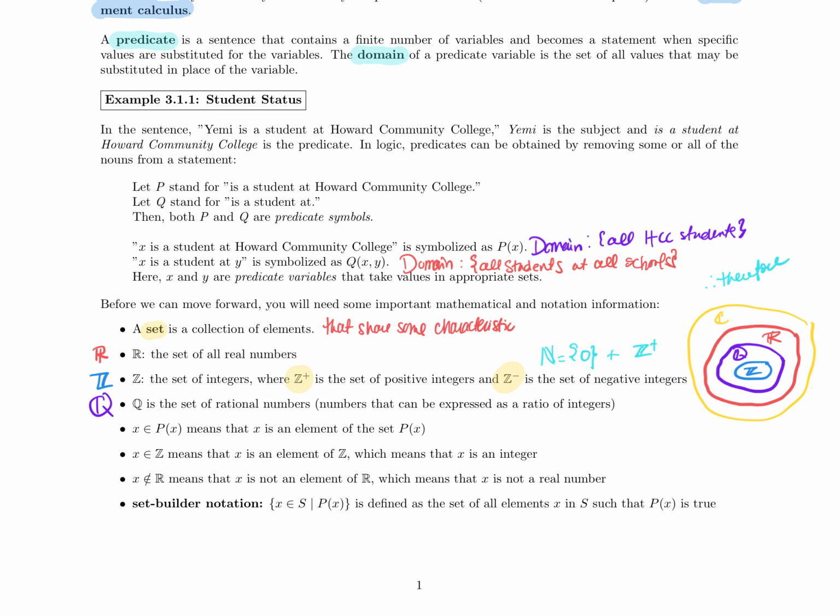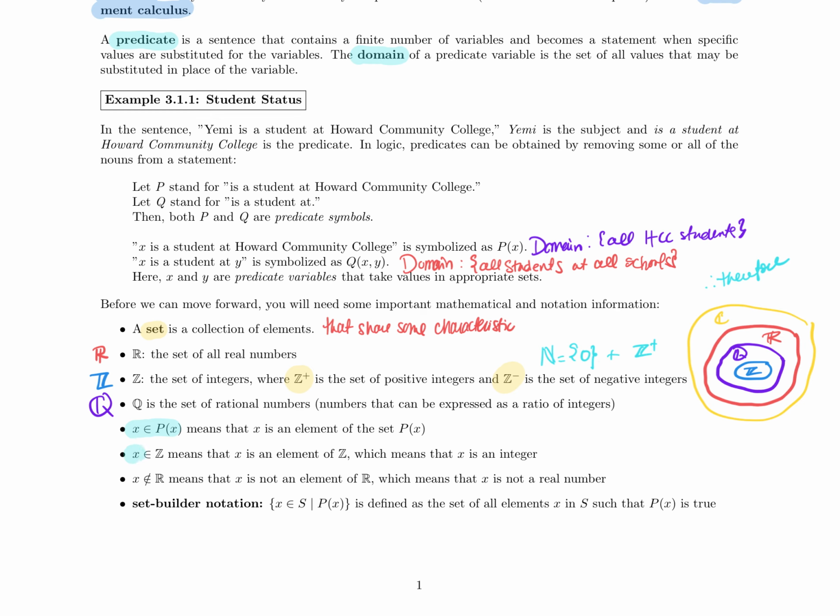So now we need to keep moving forward with some more information about how to describe elements in these special sets of numbers. So we say x, and we have this little sideways sort of curvy e. It says x and the symbol and then p of x. What that means is that x is an element in the set of p of x, or x is contained in it.